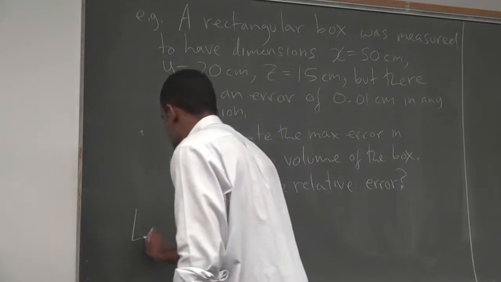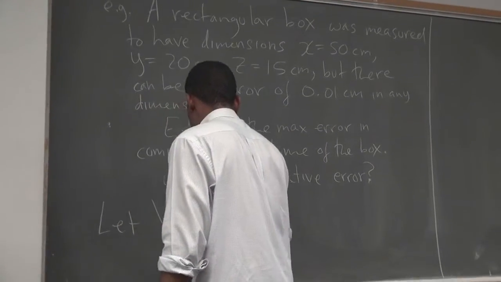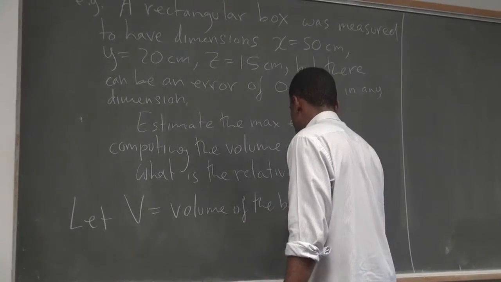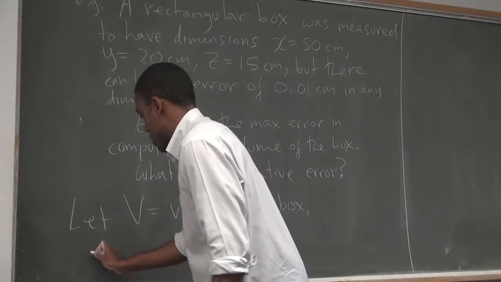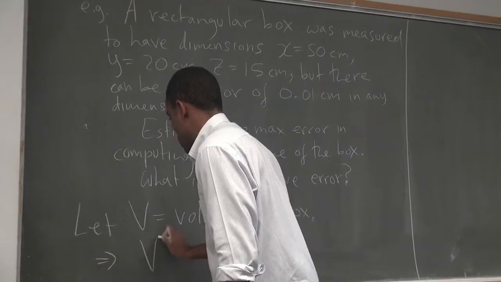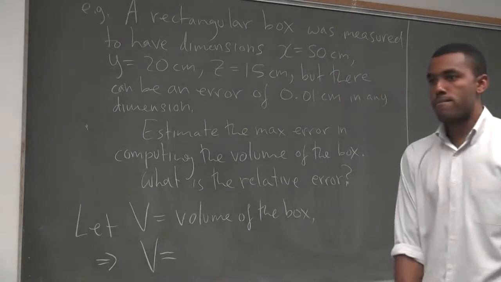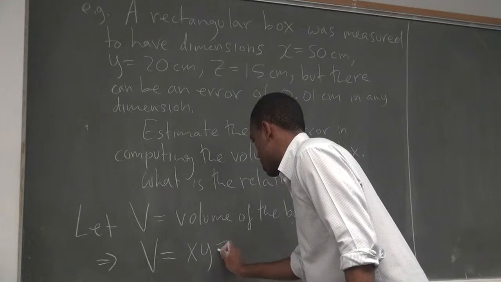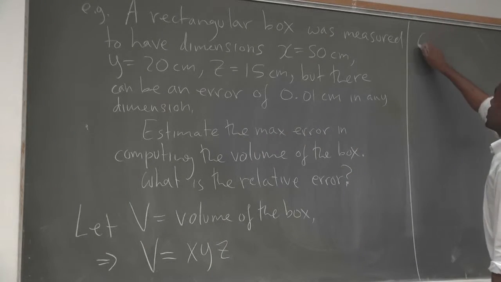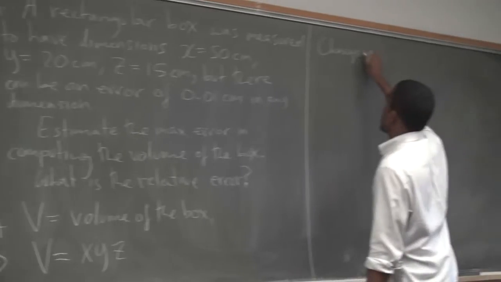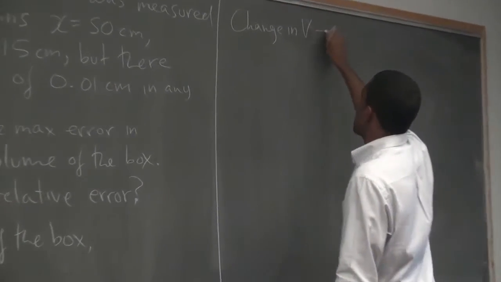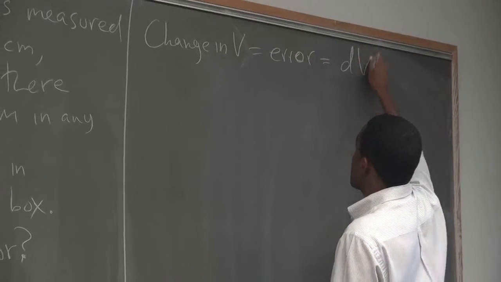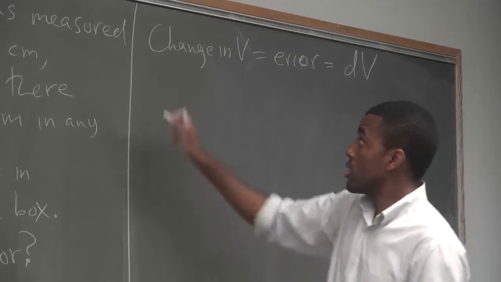So if we let V equal the volume of the box, then V would be equal to, give me a formula. X, Y, Z. So the change in V, the error, is actually the total differential, the dV.